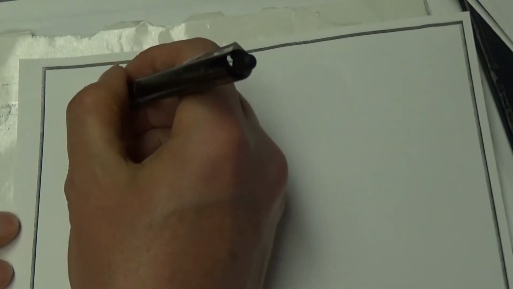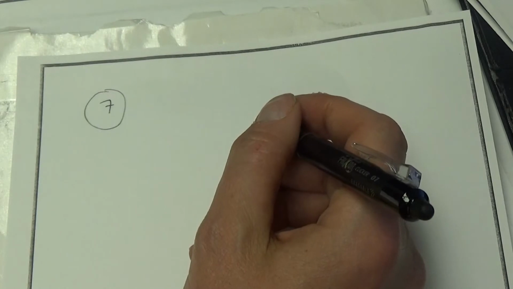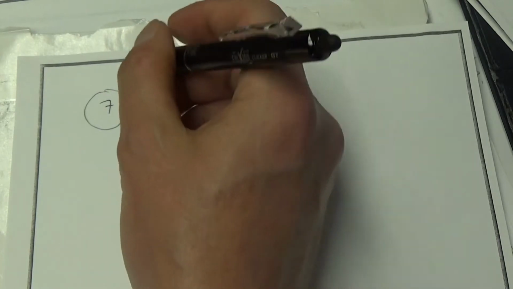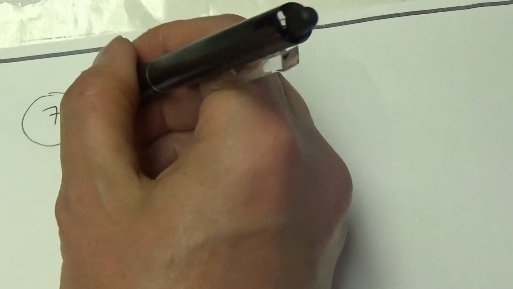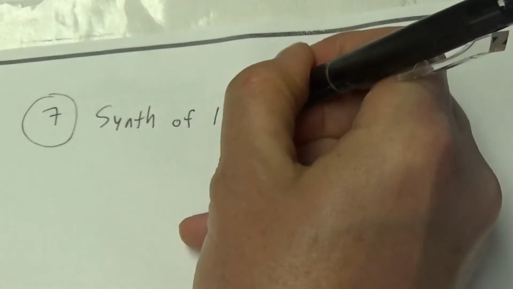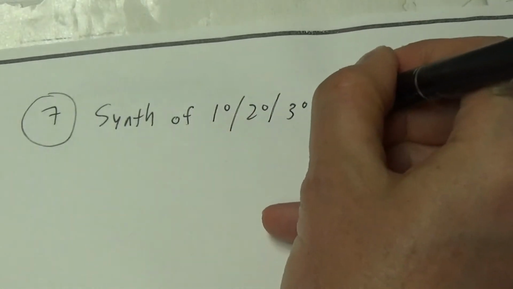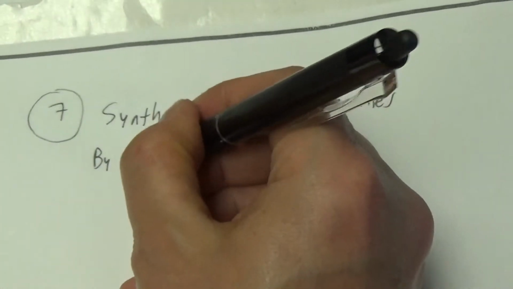Okay, so that's the end of number 6, which was talking about alkylation methods to make primary amines. Now we're into number 7, which is a very general other way to make amines. This is the synthesis of primary, secondary, and tertiary amines by a method called reductive amination.